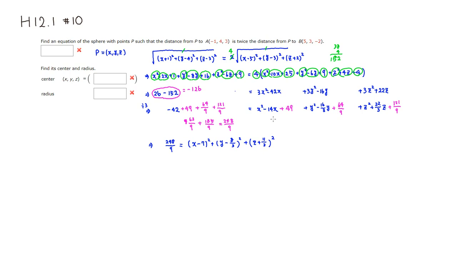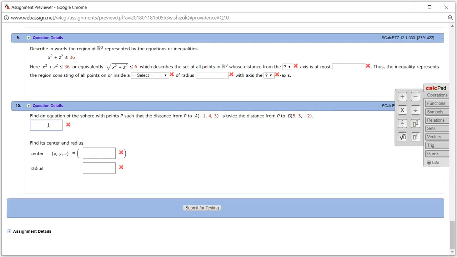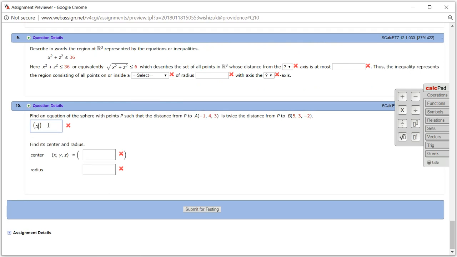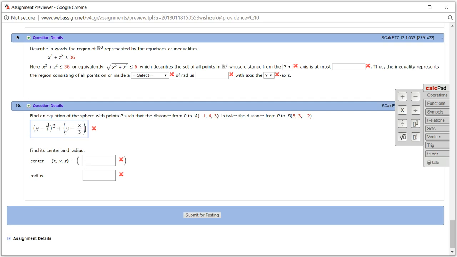All right, so let's type in what we found. The equation we found was x minus 7 squared, plus y minus 8 over 3 squared, plus z plus 11 over 3 squared, and this was equal to 248 divided by 9.